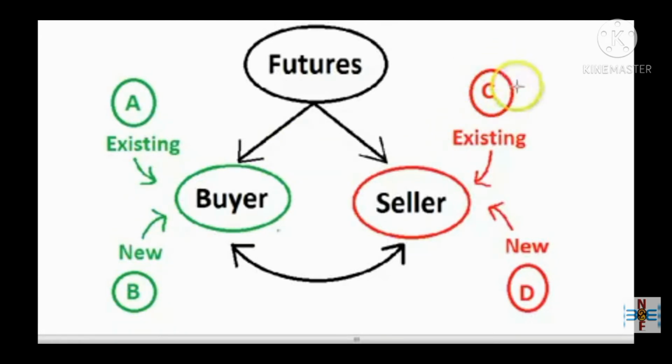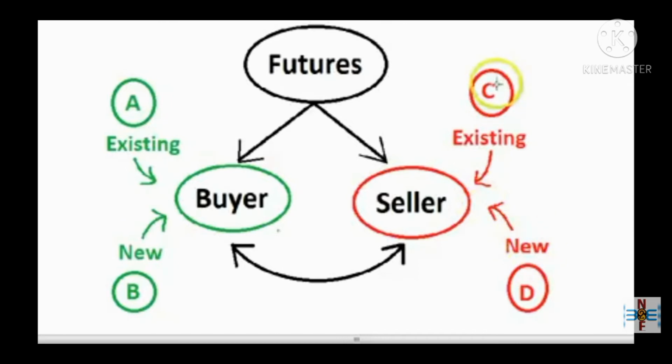Similarly, there is a seller named C. Initially, the contract was formed between A and C, and this guy decides to square off his short position. So he'll place a buy order, and the seller D, who is a new seller, replaces the position of C and places a sell order.